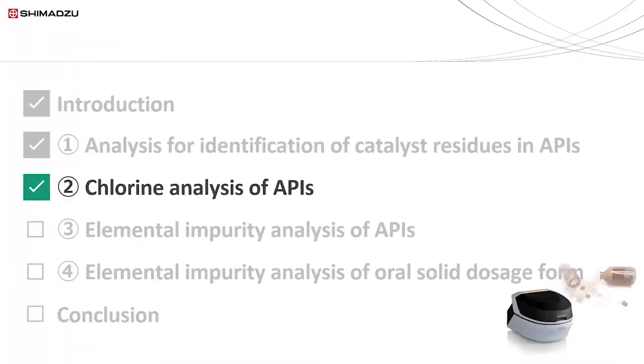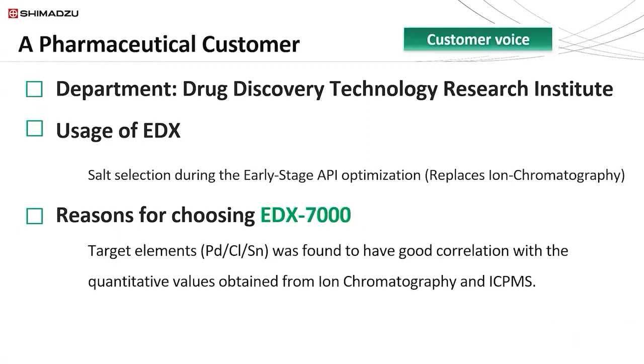Okay, this is an interesting application that revolves around chloride, technically, not chlorine, but chlorine analysis in APIs. So this is a pharmaceutical customer that we will not name. It was a drug discovery technology research institute.